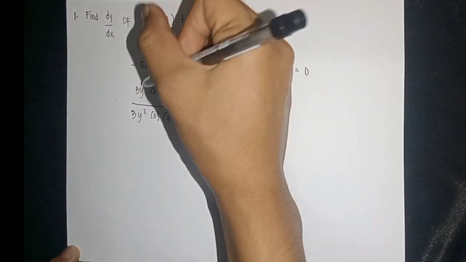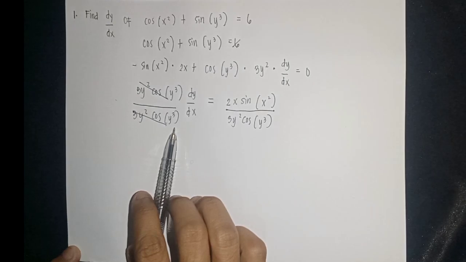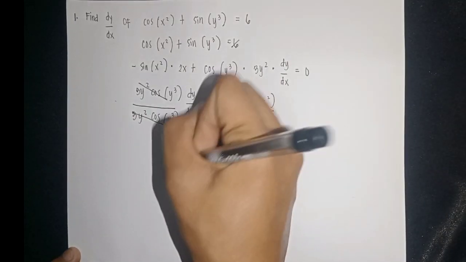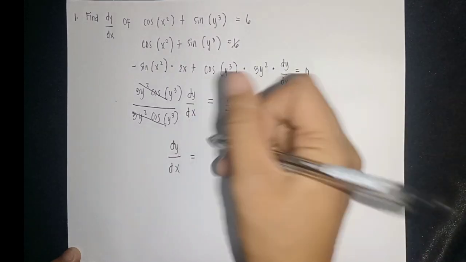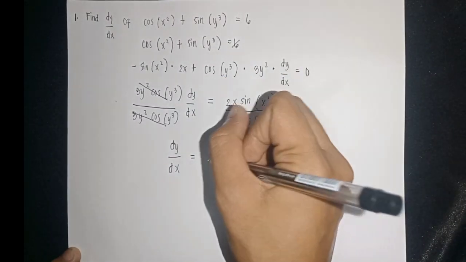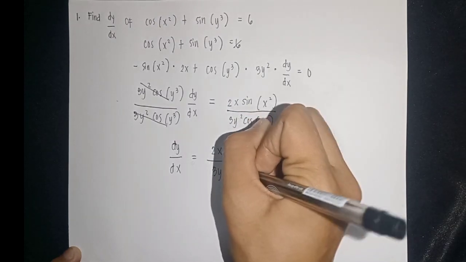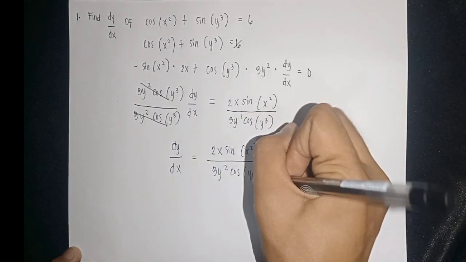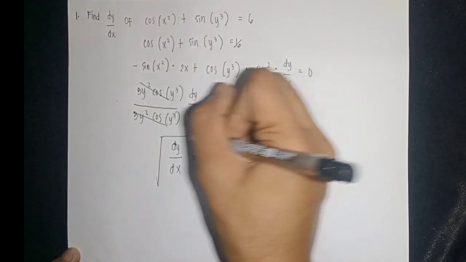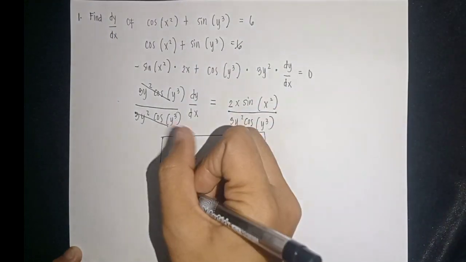Then the derivative of y with respect to x is equal to 2x sine x squared all over 3y squared cosine y cubed. So this is our final answer.